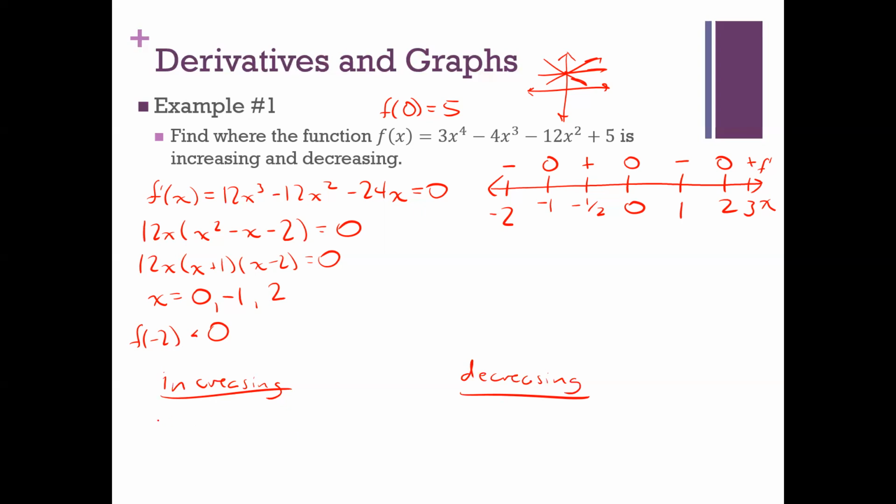Well, I'm looking at x values. So I don't think greater than 2 is going to be part of this. Let's go from least to greatest, so from left to right. -1 to 0. Do I include the endpoints? No. And why don't I include the endpoints? Right, so it's not increasing, it's neither increasing nor decreasing there.